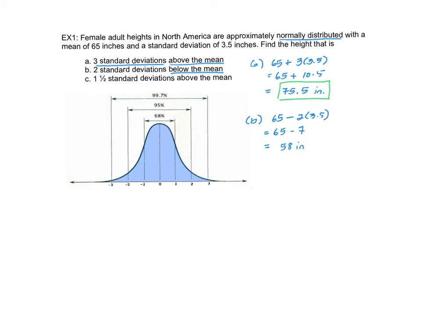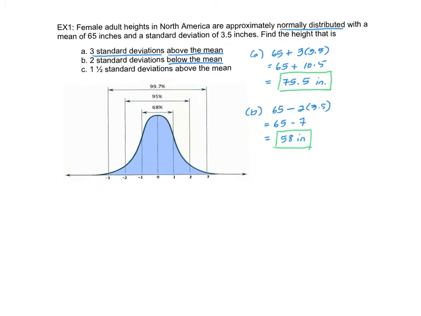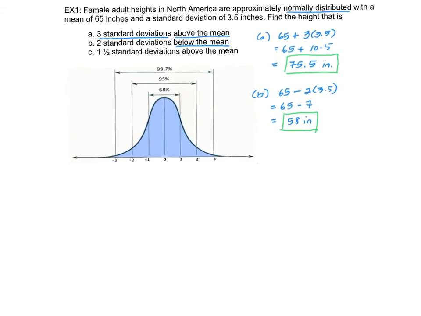Before we look at part C, I'd like to look at how we could use this graph. Remember in A, we wanted to go 3 standard deviations above the mean. So we want to find the height that corresponds to the graph of that positive 3, because that's 3 standard deviations above the mean. Where it's 0, that's the mean, and our mean was 65.